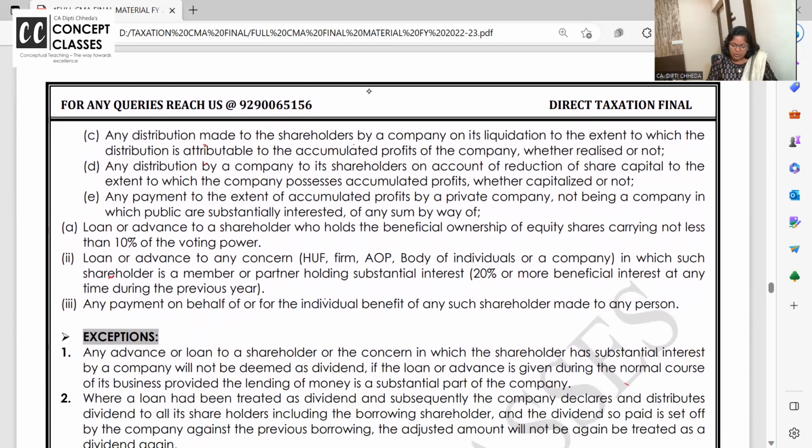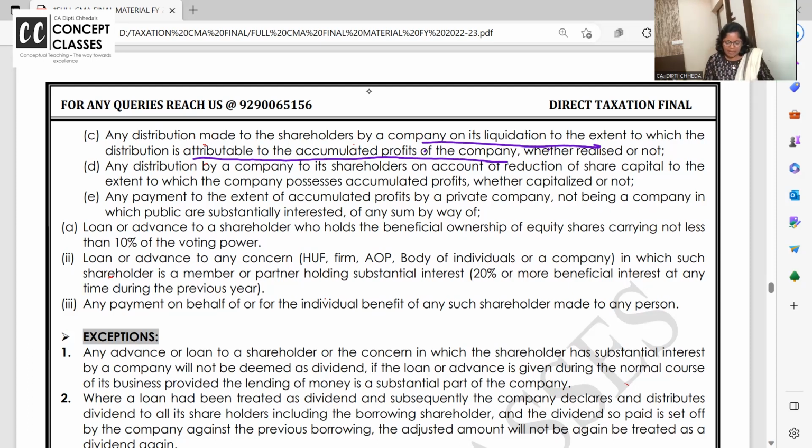And distribution made to shareholders by company on its liquidation to the extent to which the distribution is attributable to the accumulated profits. See, everywhere the language is same. Out of accumulated profits, company is giving anything to shareholders on liquidation. ये ले लो, आपके 14 rupees profit है, cash लो, kind लो, कुछ भी लो, it's a dividend.